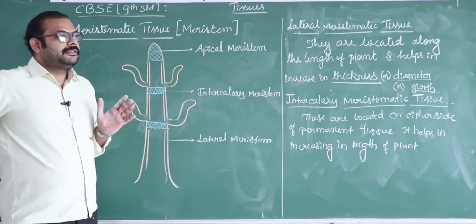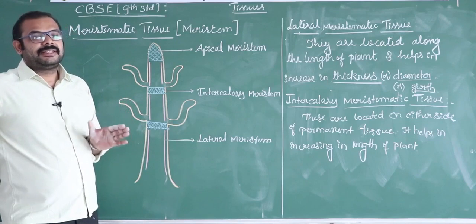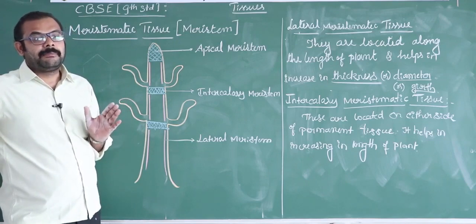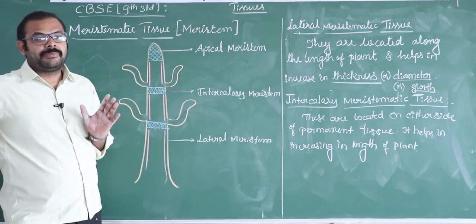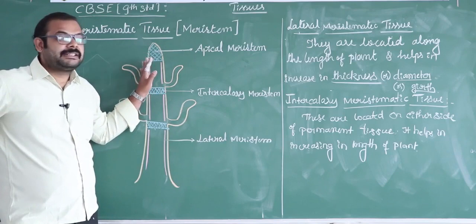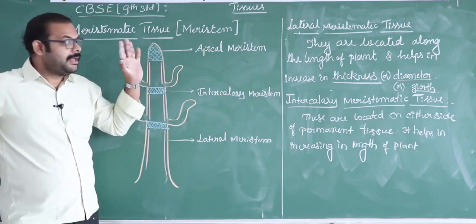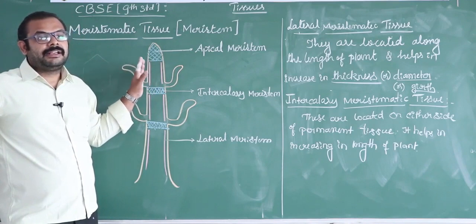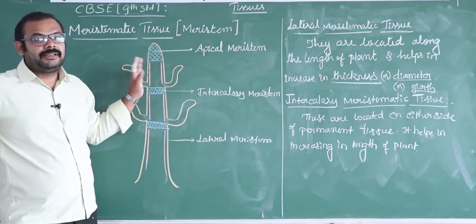As they have lost the capacity of dividing, they are called permanent tissue. So permanent tissues are the cells obtained from the meristematic tissue. Then let's discuss the different types of permanent tissues.